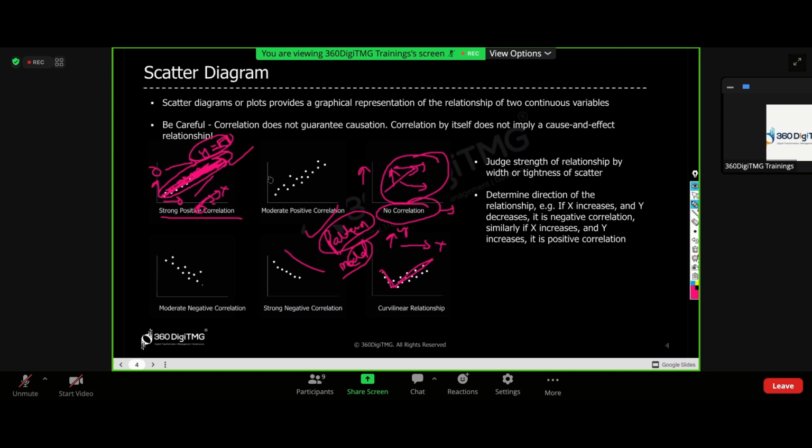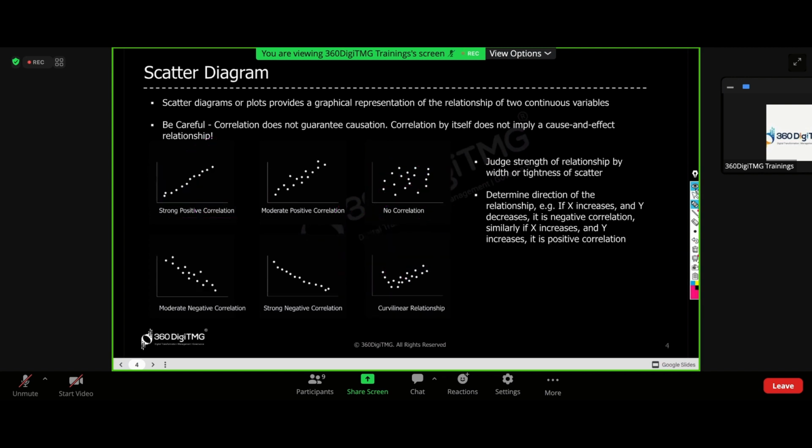So this relation is very important, and we always want it to be a strong relation. Now, why positive? Positive means when it is going upward. When it is going downward, this is called a negative relation. But in both cases, we have strong correlation.